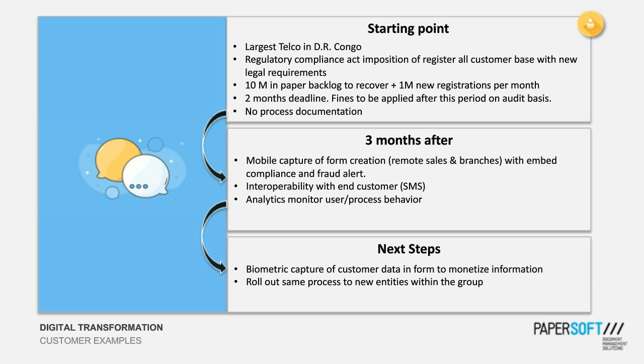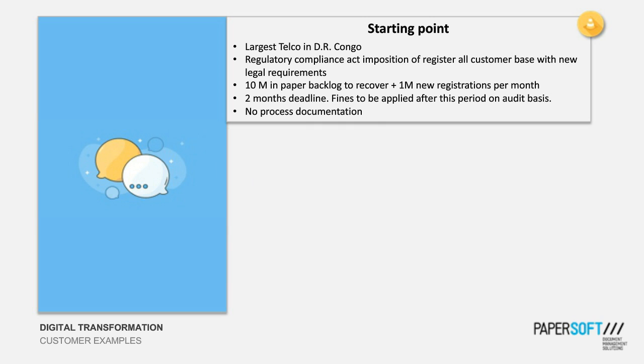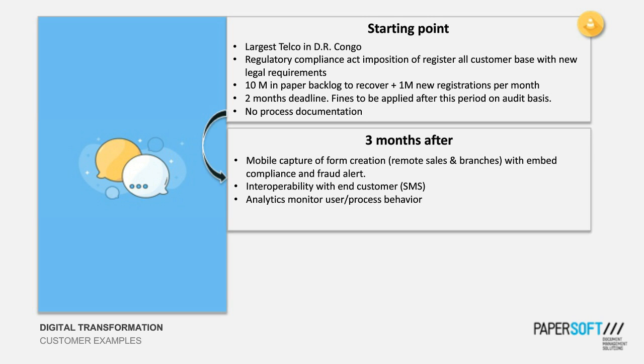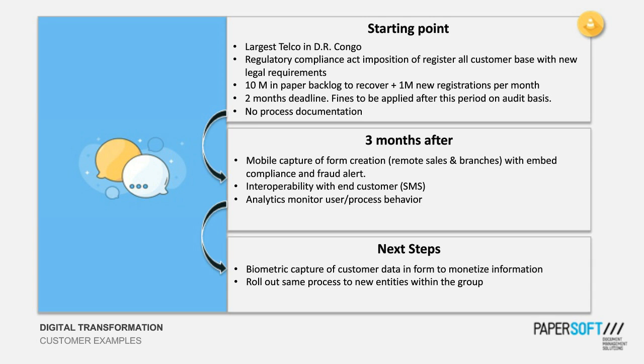We are talking about 10 million in paper backlog that they needed to recover within a 2-month deadline, and there were also 1 million new registrations incoming per month. This was a growing pain, and fines would be applicable after this time period based on audits. So this telco needed to incorporate not only the ongoing information but also the backlog that they had on paper.